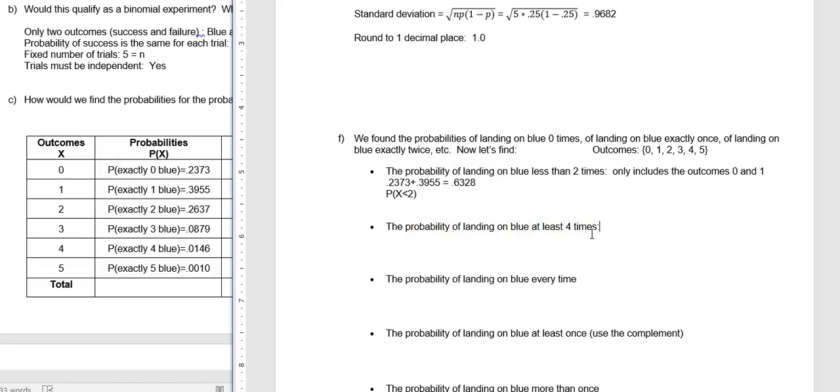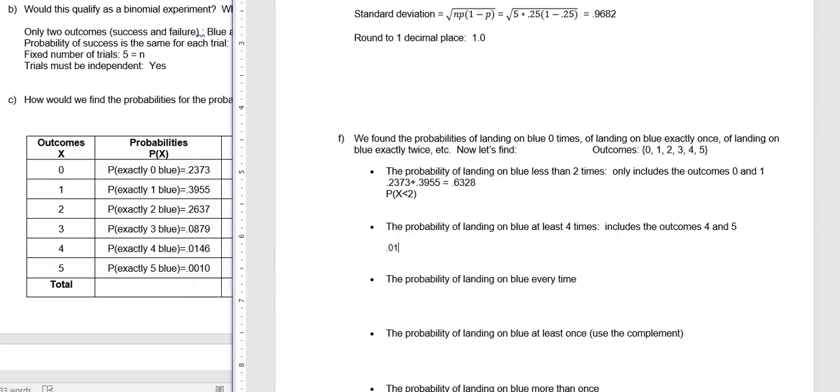Now let's look at the probability of landing on blue at least 4 times. Again, we want to figure out which of those outcomes are included in this. At least 4 means we're including the 4 and anything greater than that. So that would include the 4 and the 5. Again, since we've just got those 2 outcomes, we could calculate those 2 and just add them together.